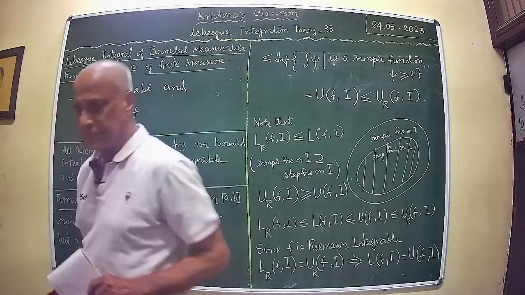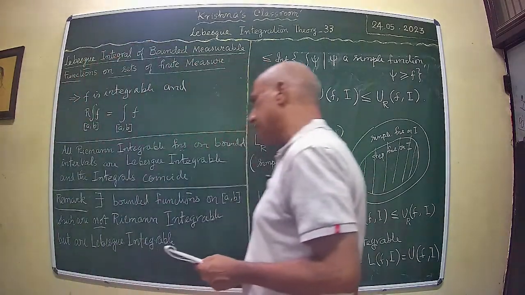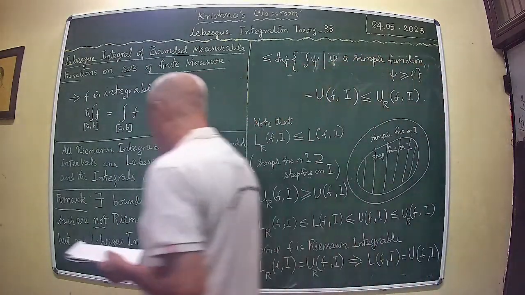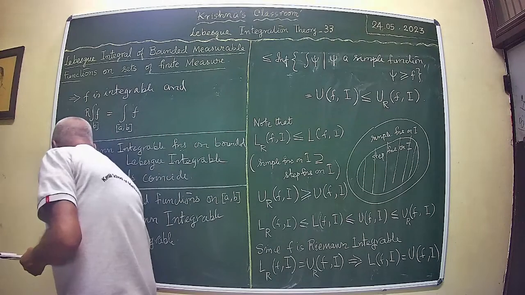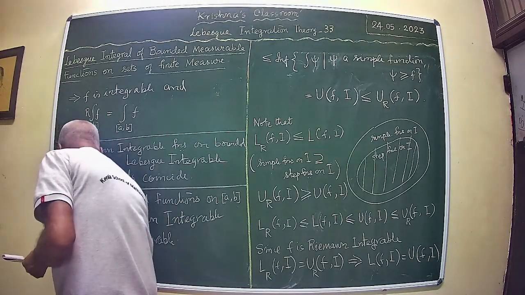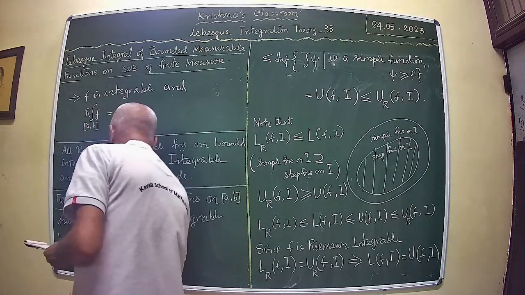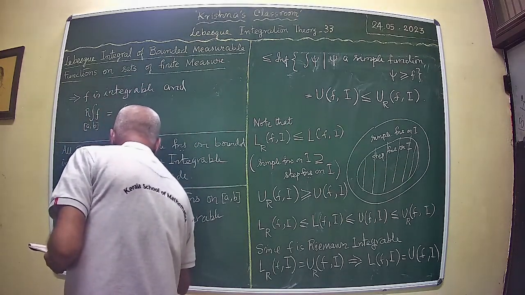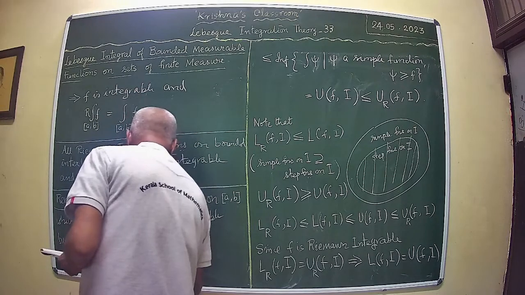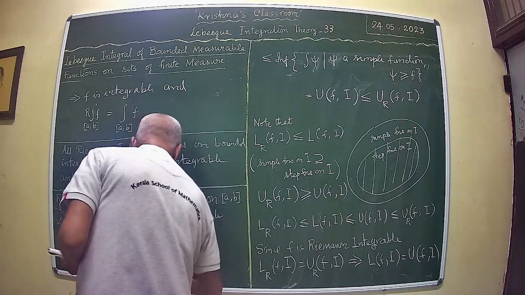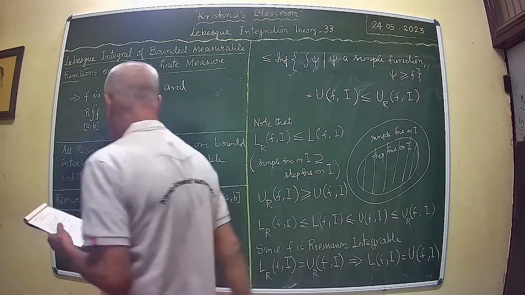So you see, it shows that there is some improvement on this. For example, we take f the characteristic function of Q.